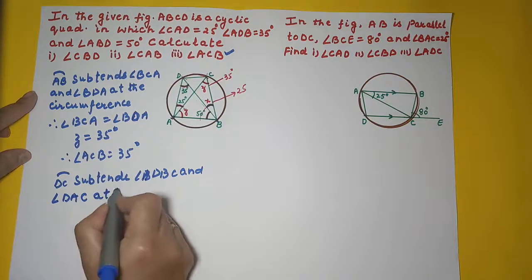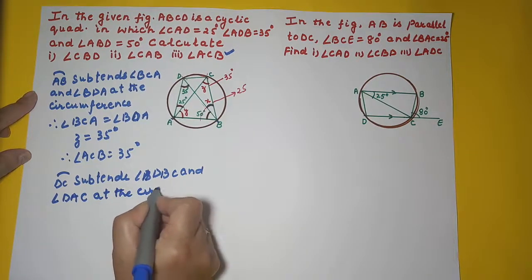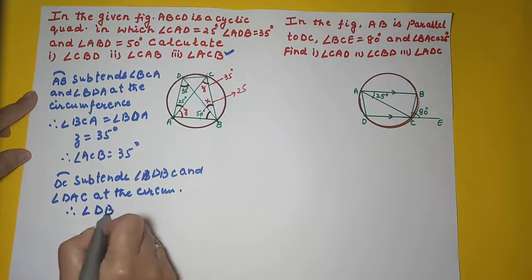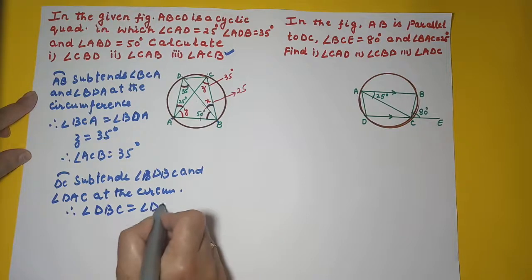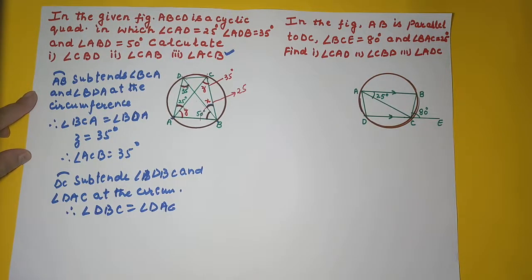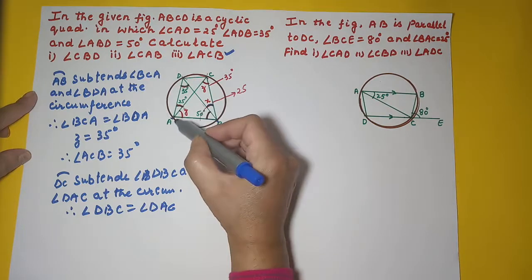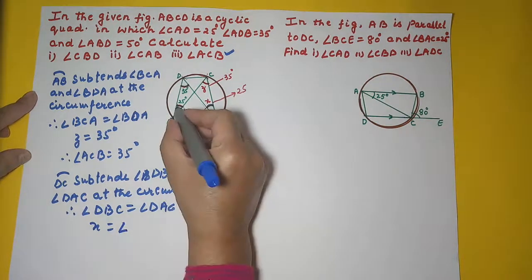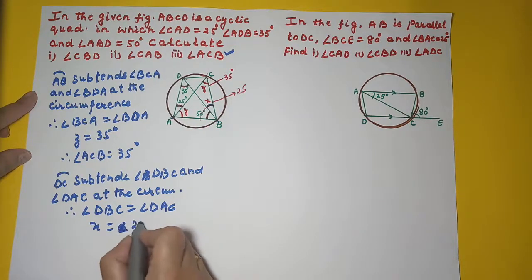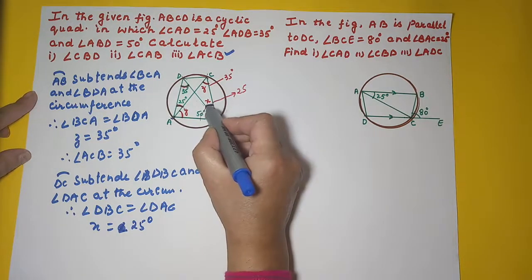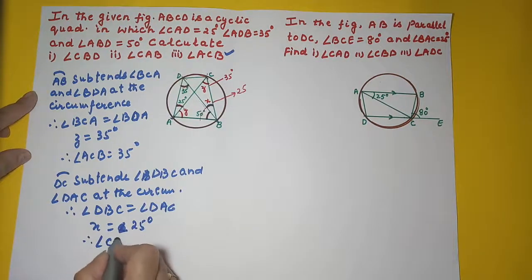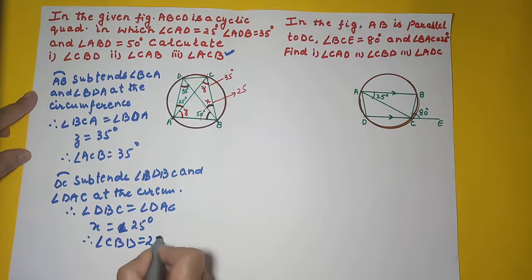Therefore, angle DBC is equal to angle DAC. So this means that my angle X is equal to 25. Which is my angle X now? It is CBD. Therefore, angle CBD is equal to 25. So I have answered this part also.